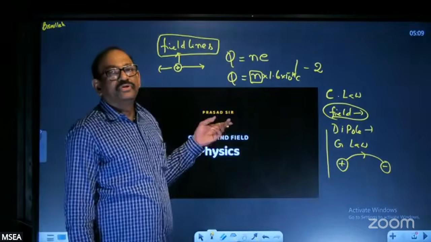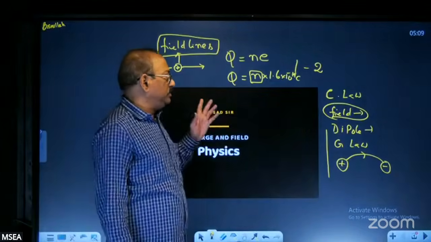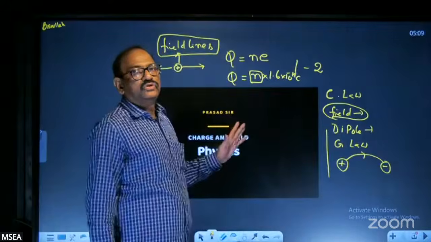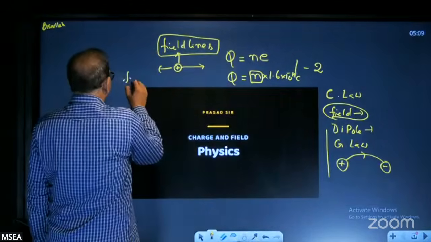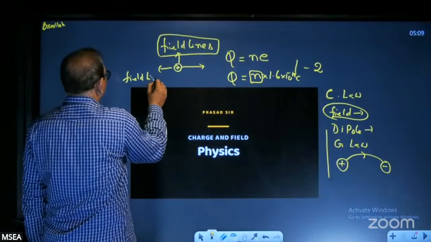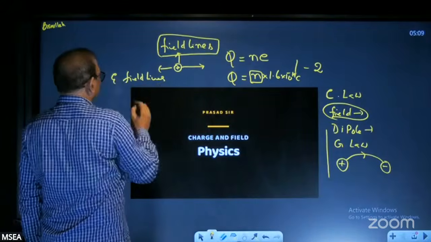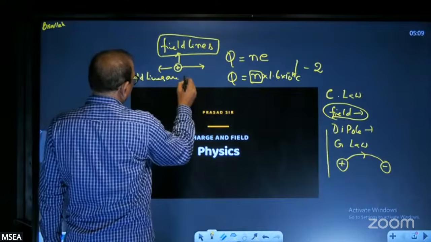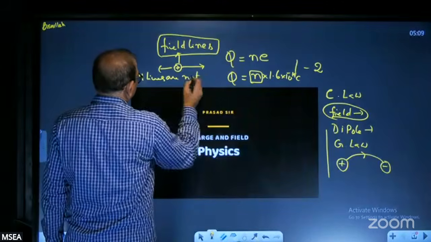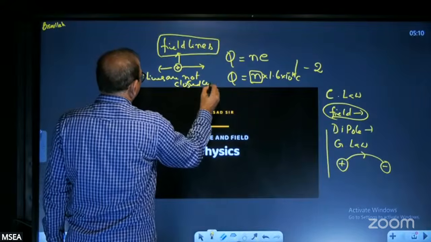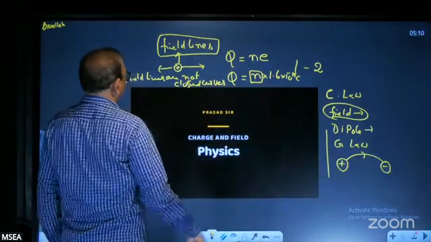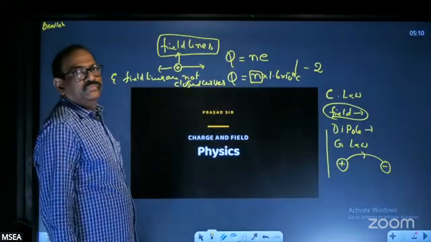And most important, electric field lines are not closed curves, they are open curves. Magnetic field lines are closed curves, but electric field lines are not closed curves.